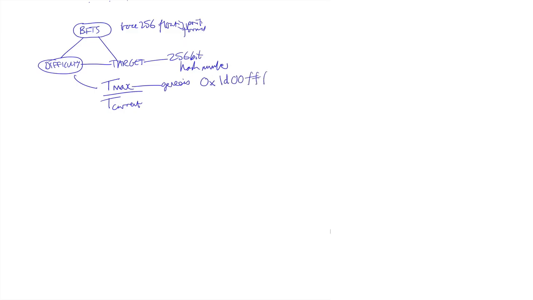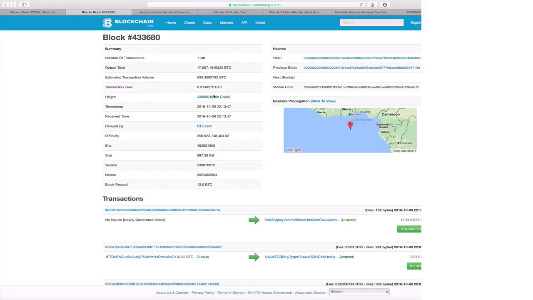1D00FF. So if we go back to our blockchain.info site, and look at the current block as of the 9th of October 2016, we can see that the difficulty is massively higher than it first was, right? It's basically 258 billion times more difficult to generate a successful hash for this block than it was for the Genesis block, right?